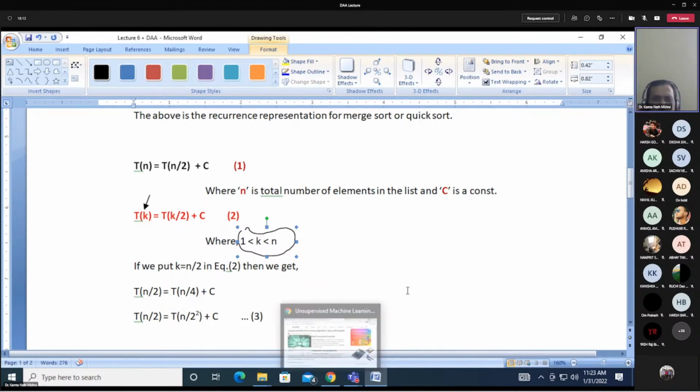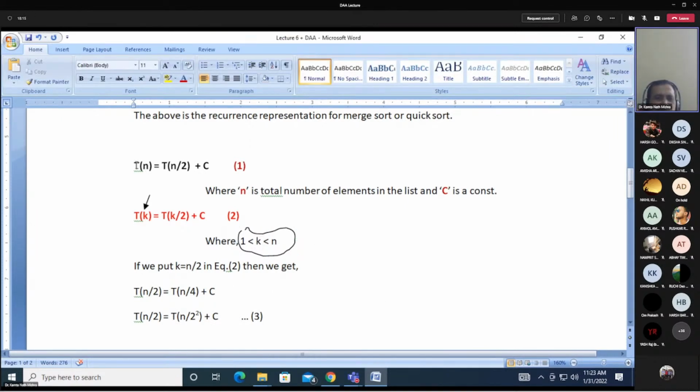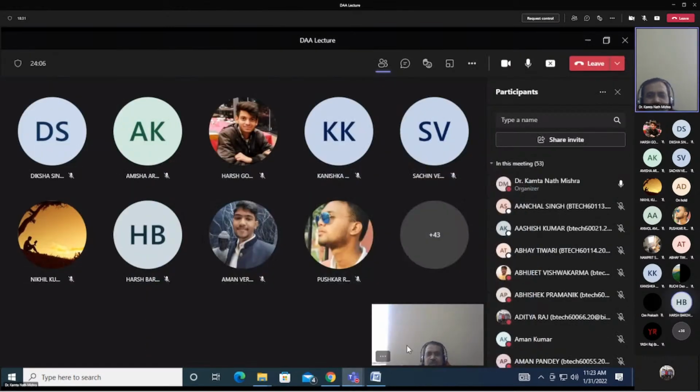The way you said that T(n) equals T(n/2) plus C, similarly, if you take k as another element, the same thing will be there for k also. You will divide k number of elements further into 2 parts. If the number of elements were 10, then you are dividing it into 2 parts, 5 and 5.